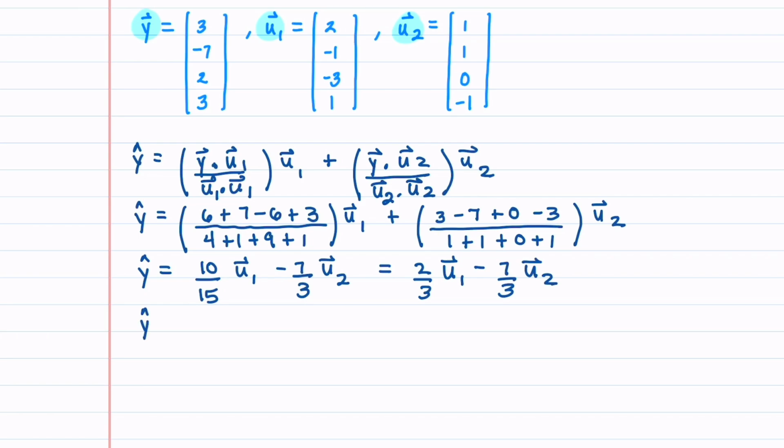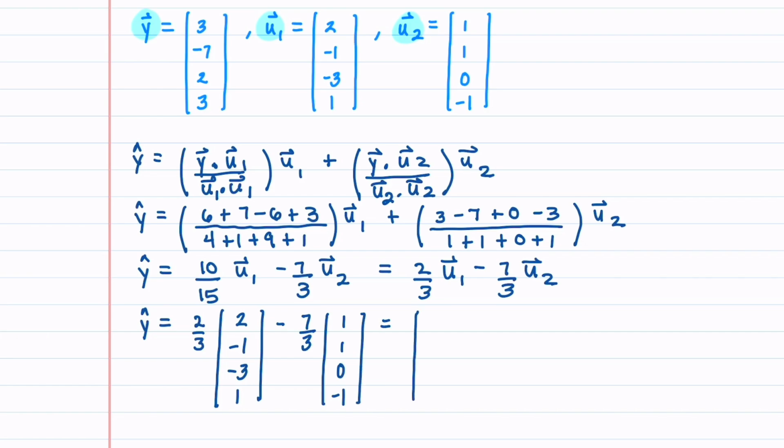Now we can go ahead and write down what u1 and u2 are. So we have 2/3 times our u1, which is 2, -1, -3, 1, minus 7/3 times our u2, which is 1, 1, 0, -1.